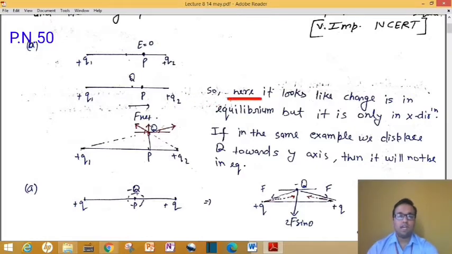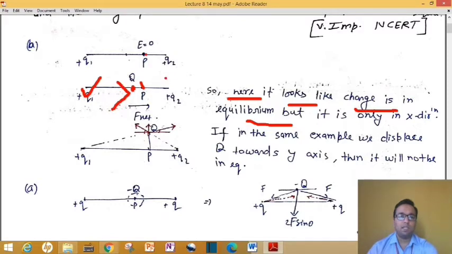As you can see, I have mentioned here, it looks like the charge is in equilibrium. Why? If you place your charge capital Q at this point and slightly displace it towards the left, then Q1 will apply a force of repulsion and Q2 will also apply a force of repulsion on capital Q, but the force due to Q1 will be of greater magnitude because its distance is lesser.